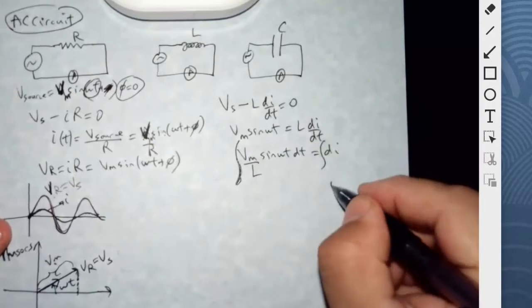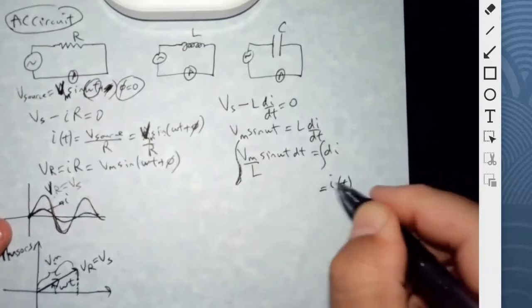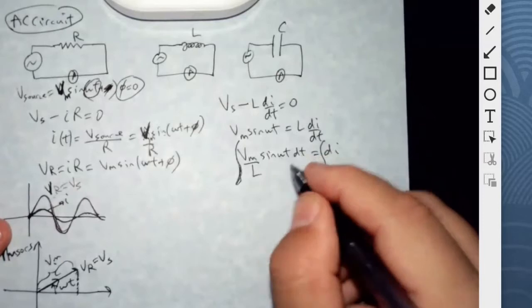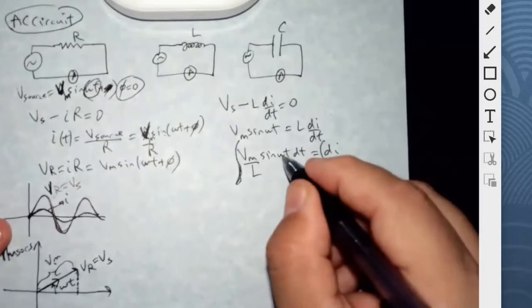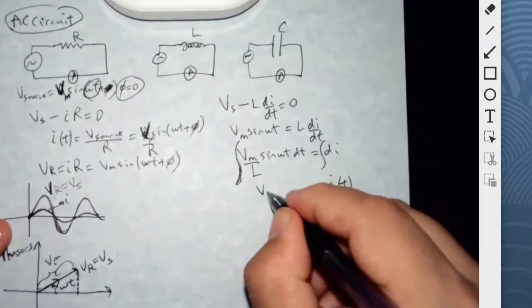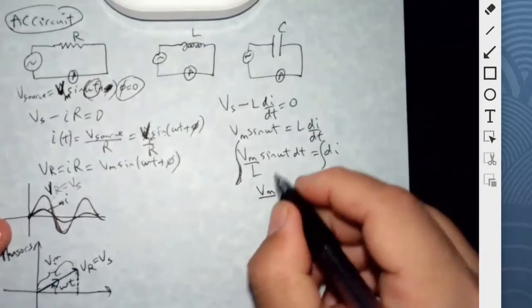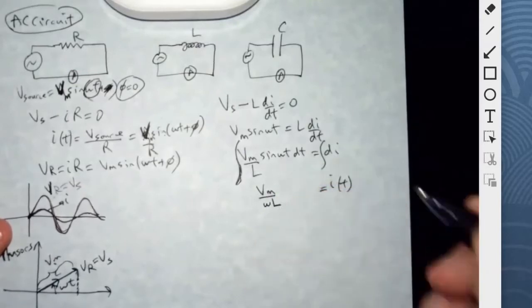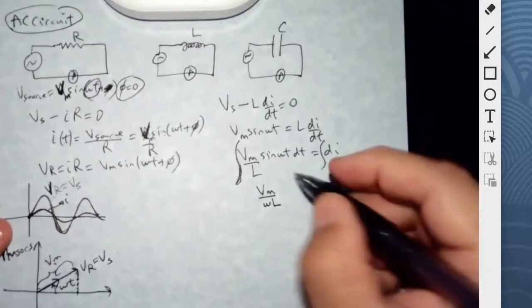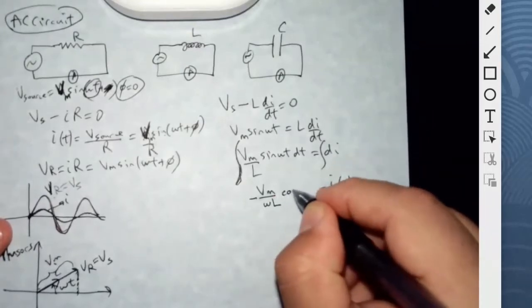Okay, then I have I of t is equal to, and the integral of sine is negative cosine, right? Then the omega comes out: Vm over omega L, and then negative cosine omega t.